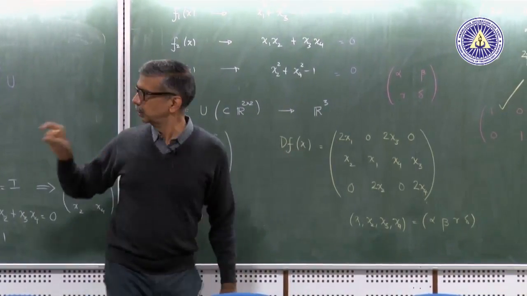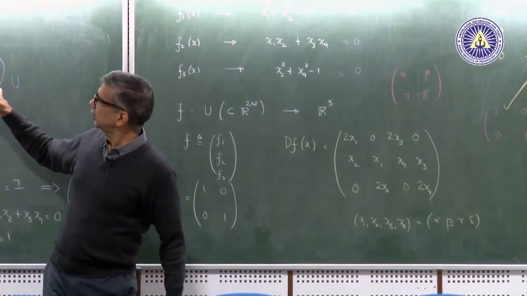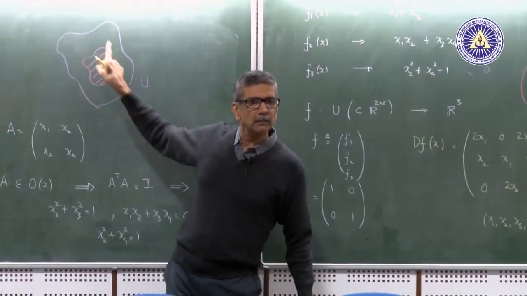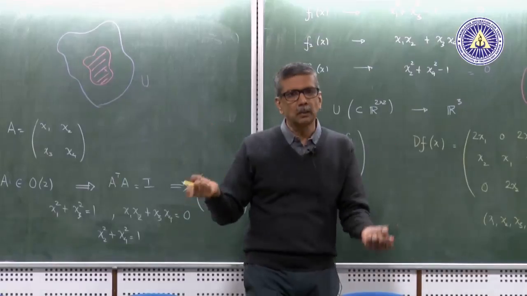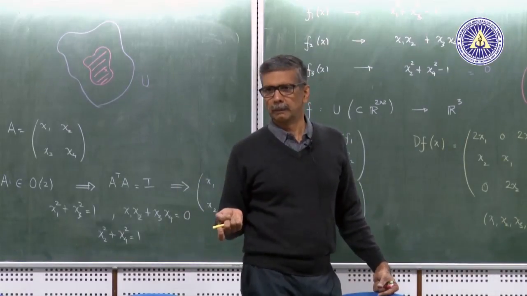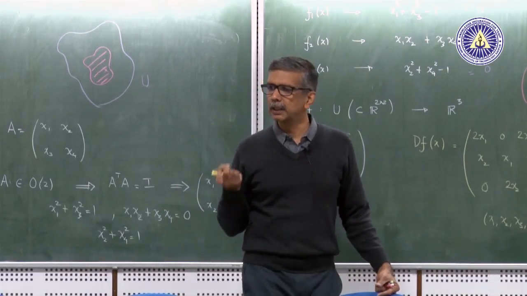So, if it is true close by, so if I take a close enough neighborhood, then the rank will still be 3. Do you see that argument?